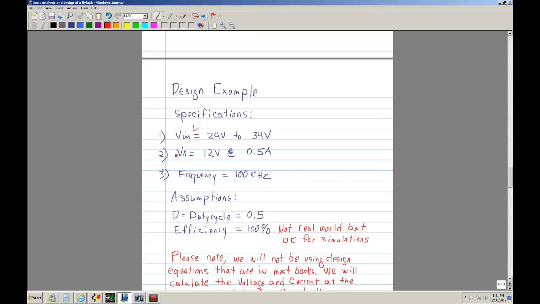In this example, I'm letting Vn be anywhere from 24 volts minimum to a maximum of 34. And we want to regulate at 12 volts and have a current capability of half an amp. And we will use a frequency of 100 kilohertz.